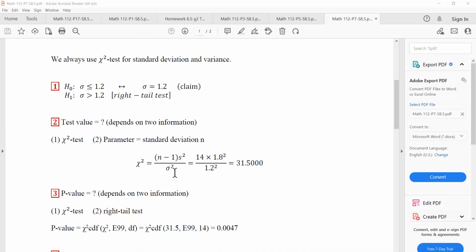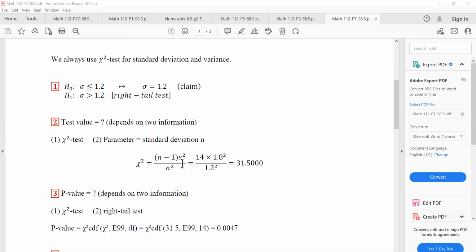N is 14. Was N 14 or was N 15? Did she? Oh, no, N was 15. So N minus 1 is 14. So 14. My sample standard deviation was 1.8. So we square it.